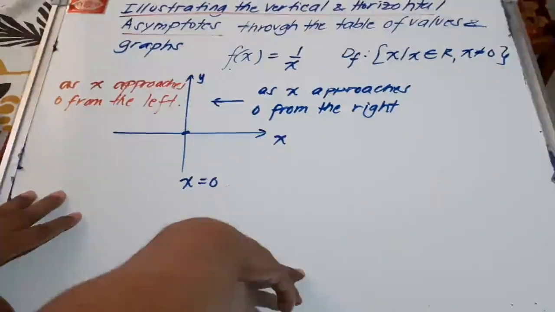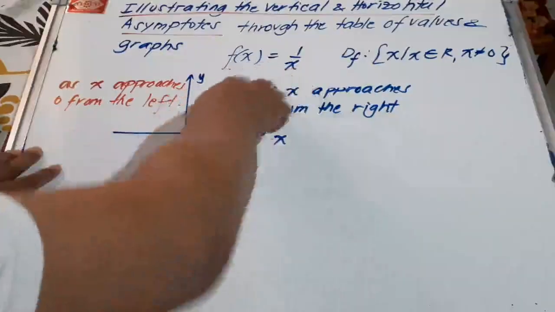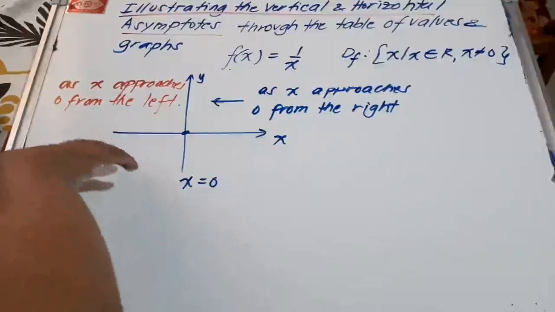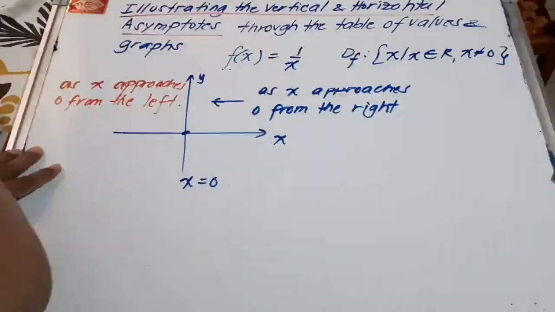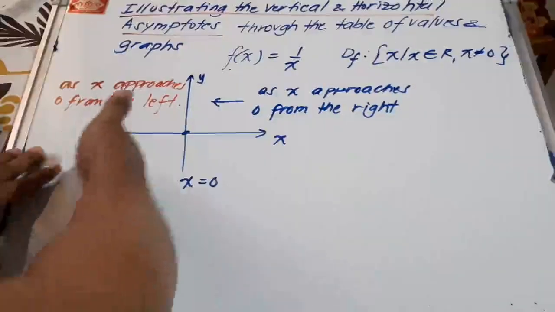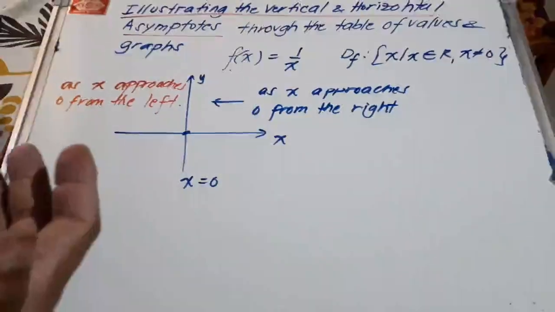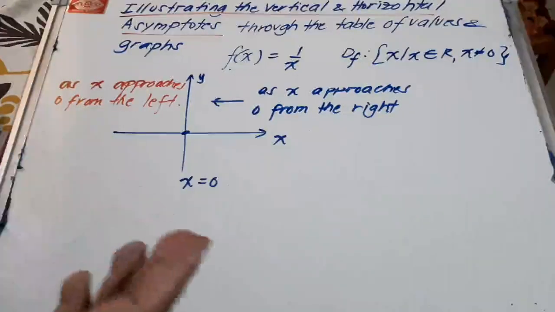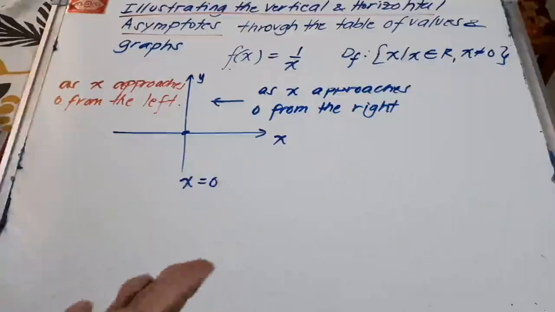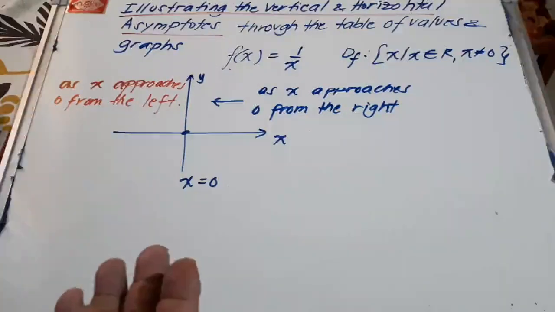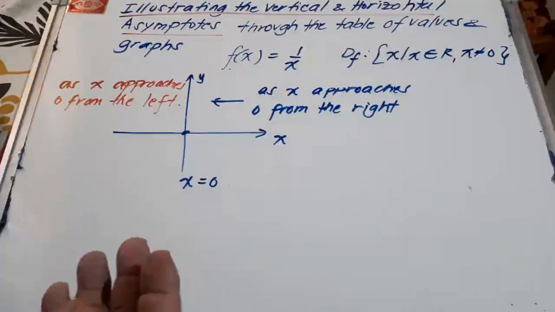Ano bang nangyayari dun sa ating function, 1 over x? As x approaches 0 from the left, siya ba ay tumataas o siya ay bumababa? Yun ang ating aalamin, yung behavior of the function as x approaches 0 from the left and from the right of x equals 0.